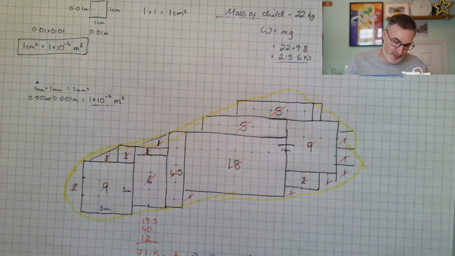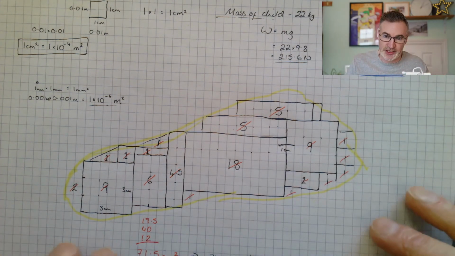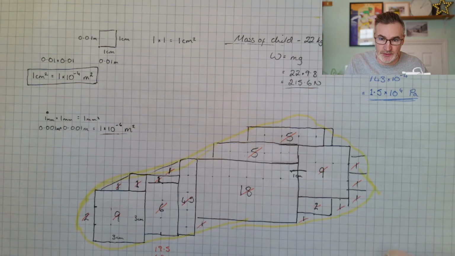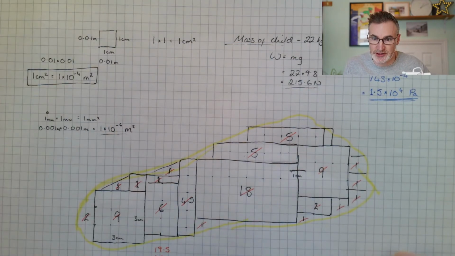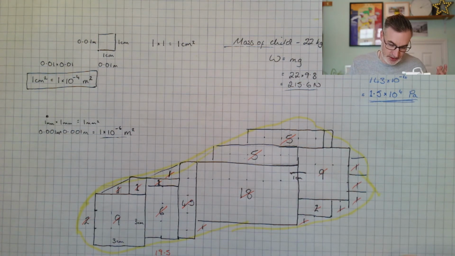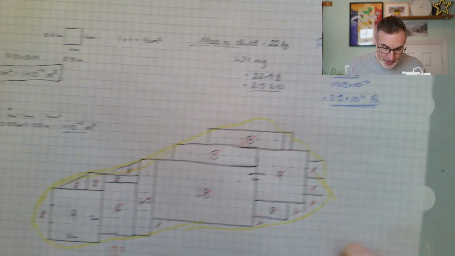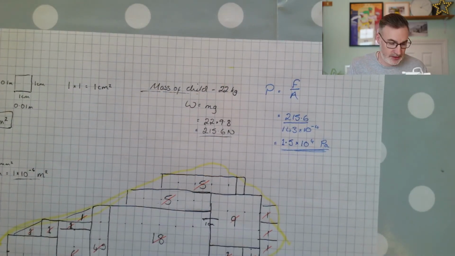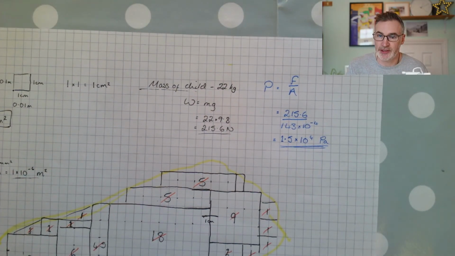But really what I was trying to do is to get you to understand conversions of areas, like centimetres into meters, and metre squared, centimetre squared, and just as a wee demonstration of how you would work out the pressure of something or somebody sitting on a surface on Earth.